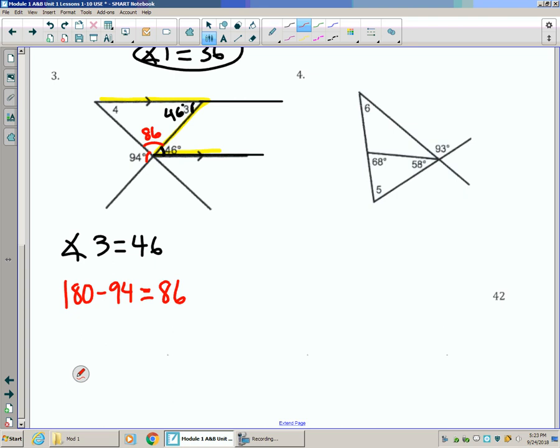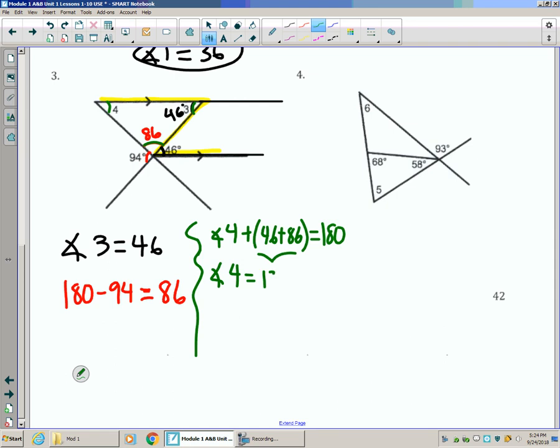Now notice that we have almost three angles right here. These three angles all have to add up to 180. So I'm going to do a little more algebra. So I could say, I'm sorry, angle 4 plus 46 and 86, all of this has to be equal to 180. Doing some algebra, angle 4, the sum of these two has to be 132. Whoops.